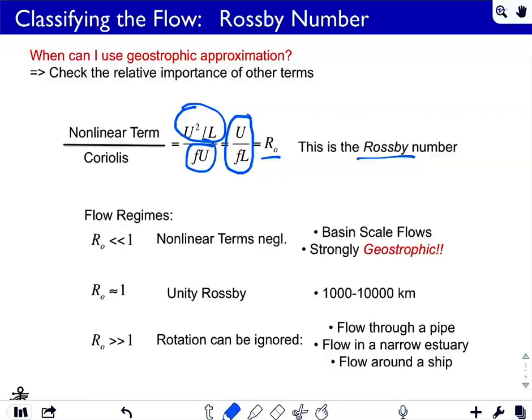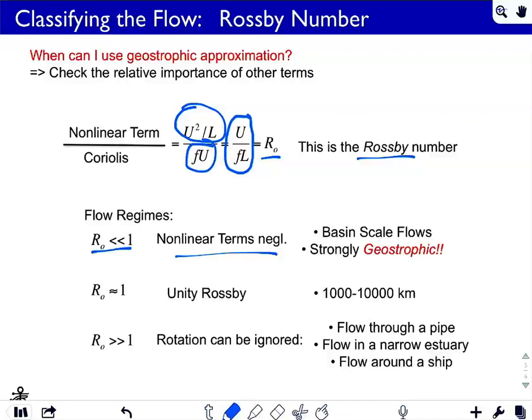This number alone can tell you where your flow regime is. If the Rossby number is a lot smaller than 1, that means the denominator is much bigger than the numerator, which means the Coriolis term is much stronger than the advection term, and we can ignore the nonlinear terms. This is what happened in our previous calculation where we had 3 orders of magnitude difference, so we had a Rossby number of 1 over 1,000, 0.001.